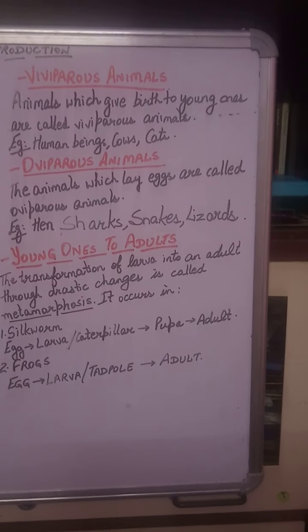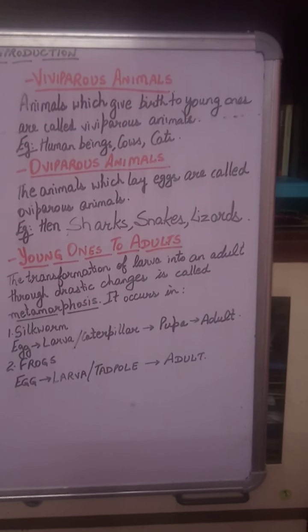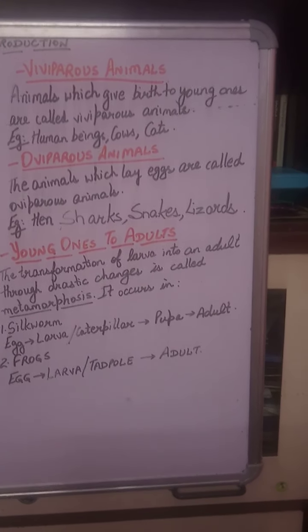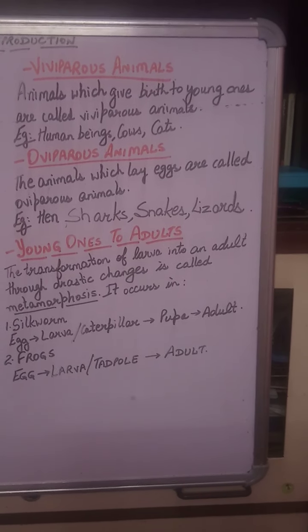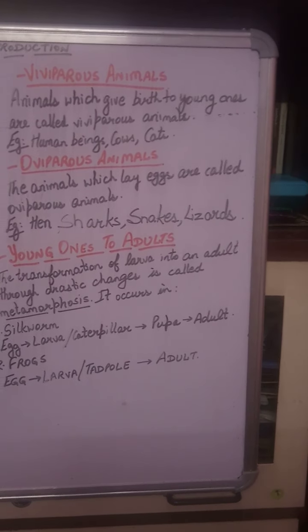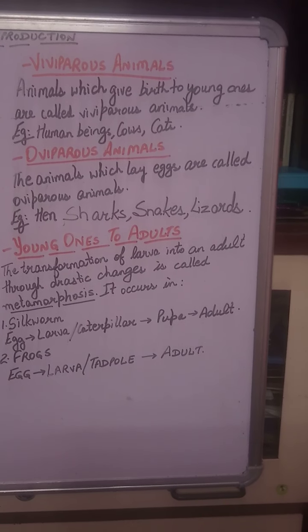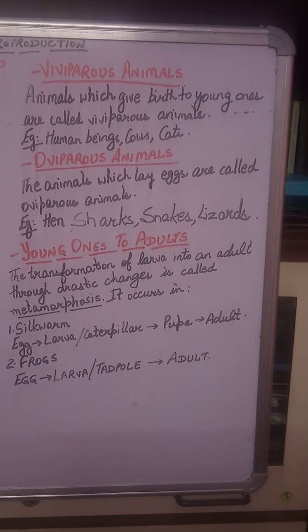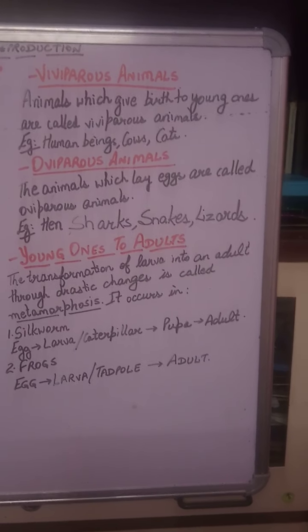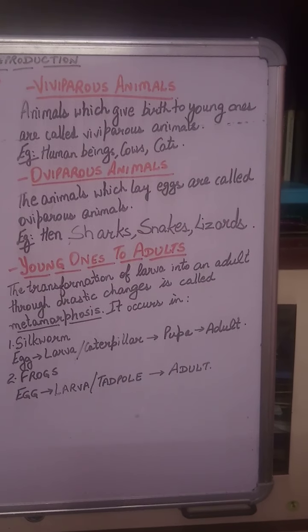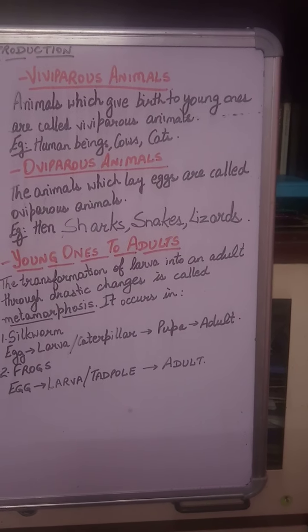Such animals can give birth to small organisms like themselves. In the introductory chapter, I told you that the cat is giving rise to kittens, the dog is giving rise to puppies. So all these are their small young ones.